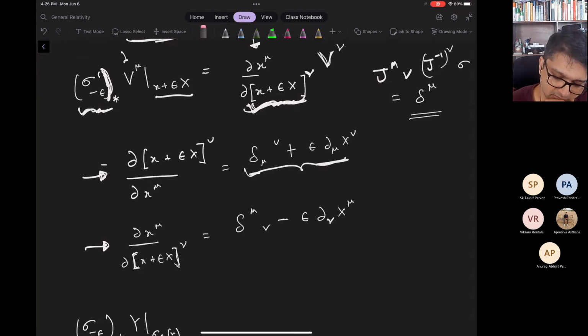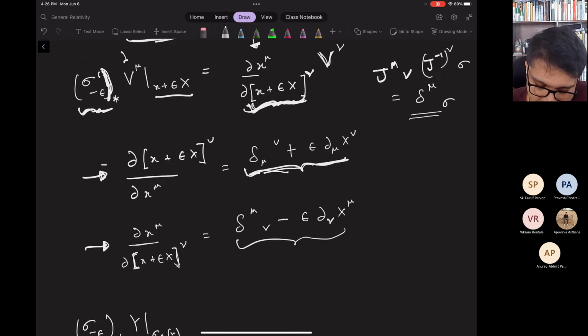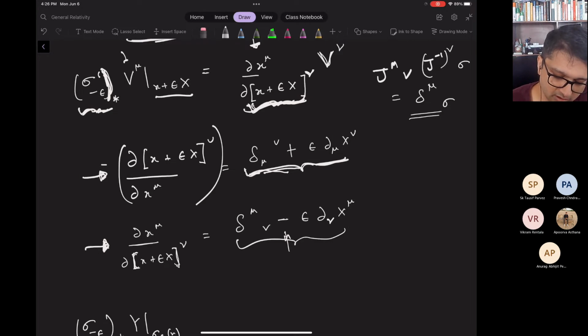So if mu and sigma are the same, then you get delta mu sigma. It's quite easy to see, or you can explicitly plug in and check, that the inverse Jacobian is just delta mu nu minus epsilon partial nu x mu. Do not do this by just taking 1 over this.